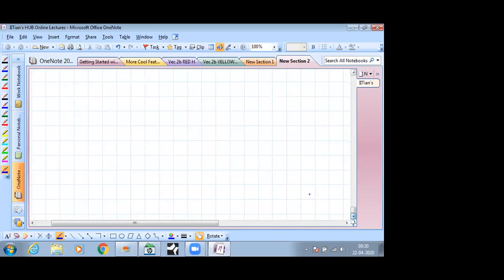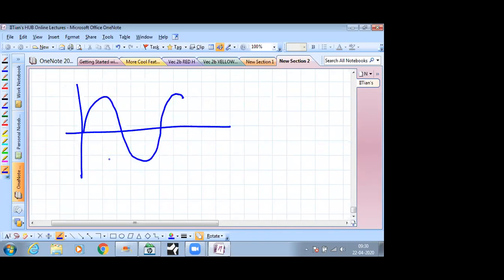So you can now refer to a standard sine graph. If you take a standard sine graph, so you have this value as -1 by √2, and this value is -1.